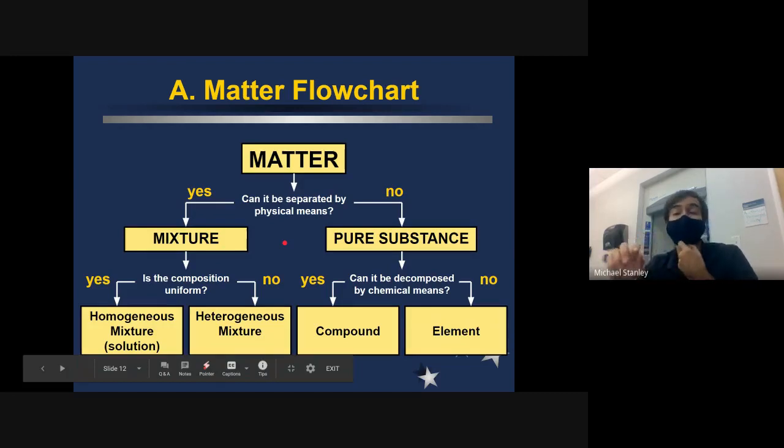So that is the very general way that we can take a substance and figure out what type of substance it is. If it's a mixture, what type of mixture is it? Or if it is a pure substance, then what type of chemical, what type of particle is it made out of?